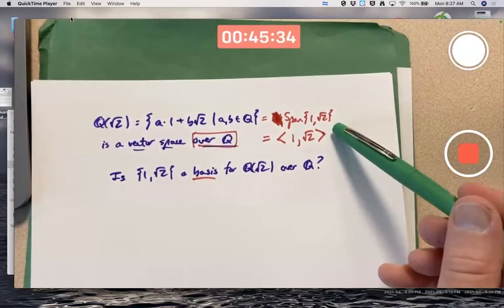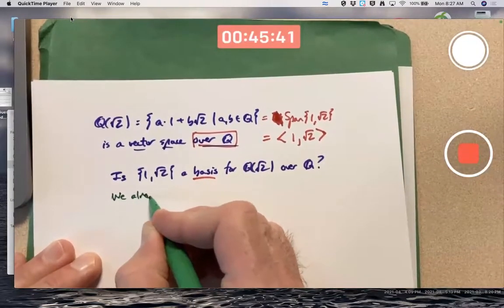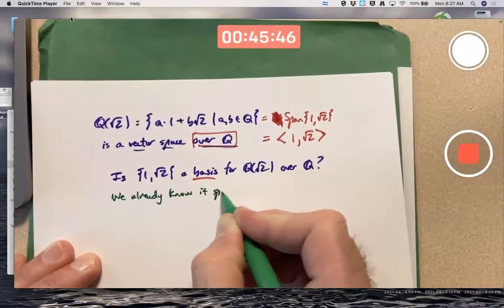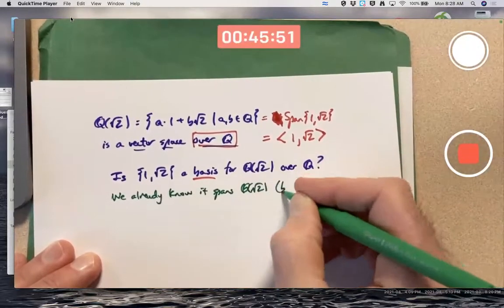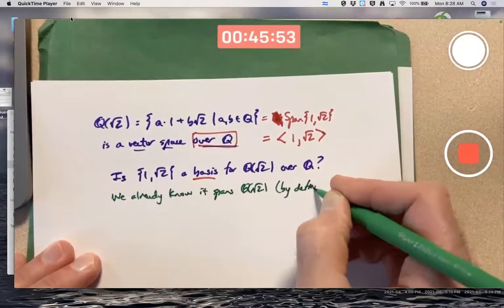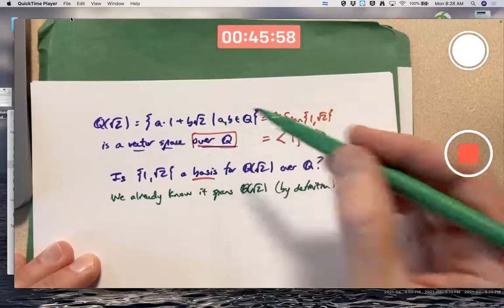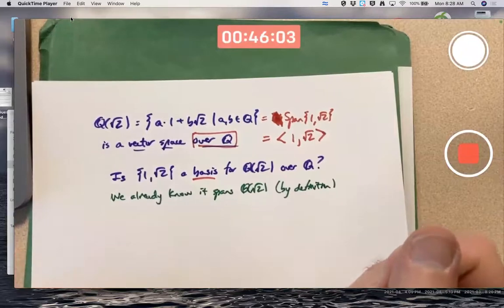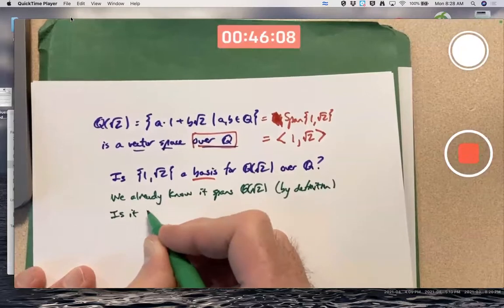Oh boy, linearly independent. We already know it spans, by definition, since by definition I could write everything in this as this linear combination. That's what this Q adjoin √2 is. Is it a linearly independent set?